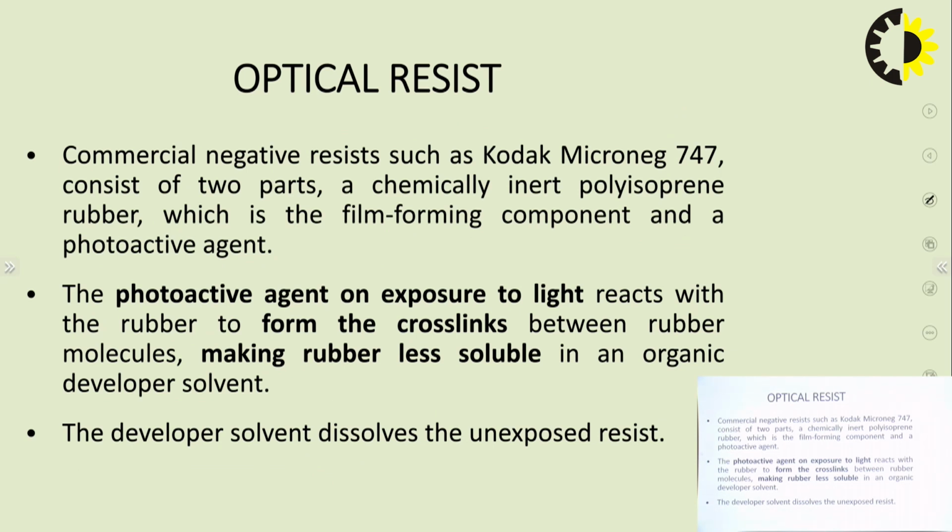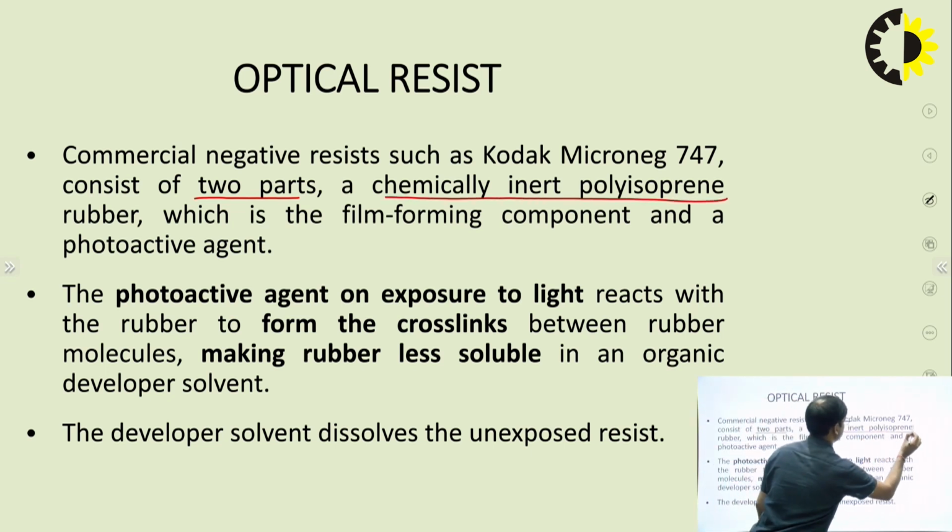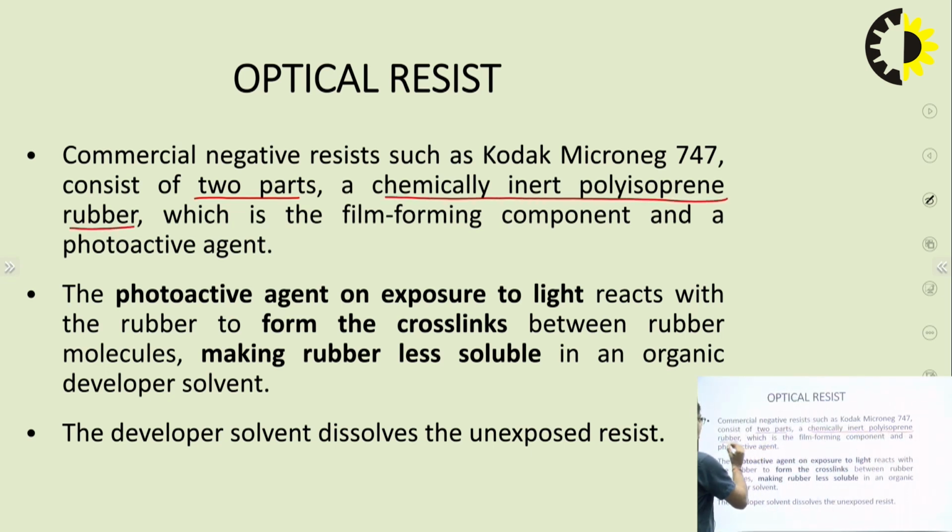Okay, now let us see the chemical nature of a negative photoresist. In case of a negative photoresist, it also contains two parts: chemically inert polystyrene rubber, which is the film forming component, and a photoactive agent.